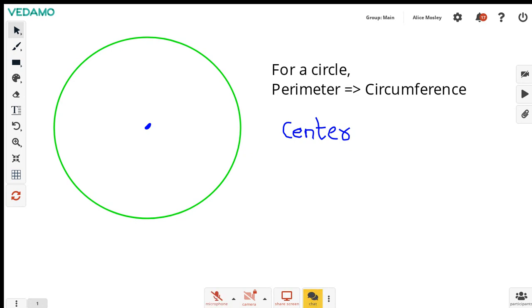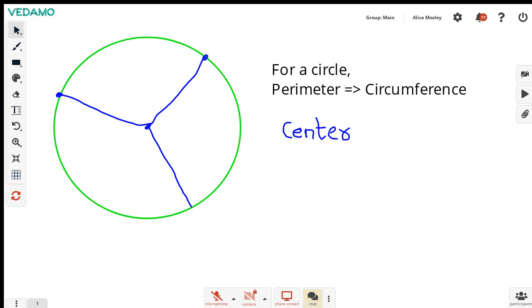Now, always remember that the distance from the center to any point of the circle, if you are standing on the center and if you want to go to any point, the distance will be the same.